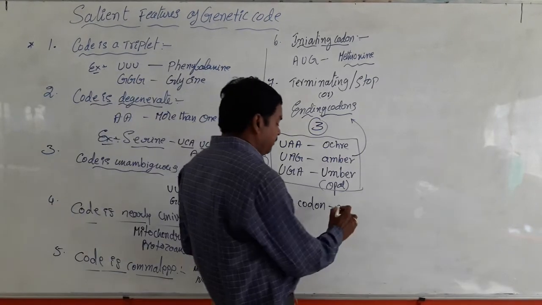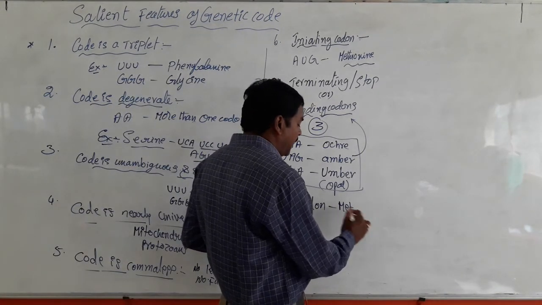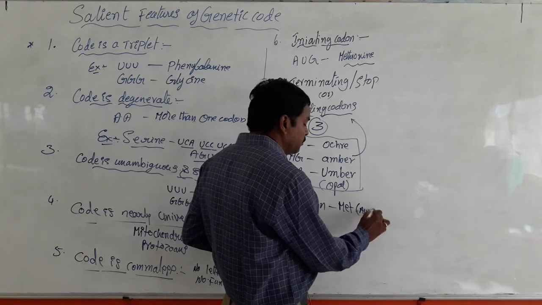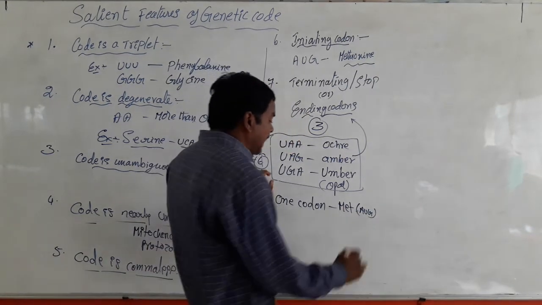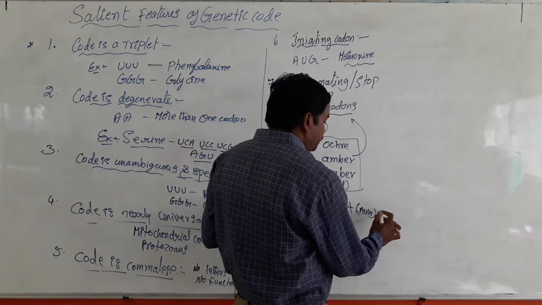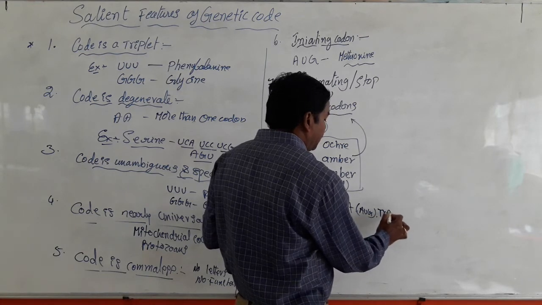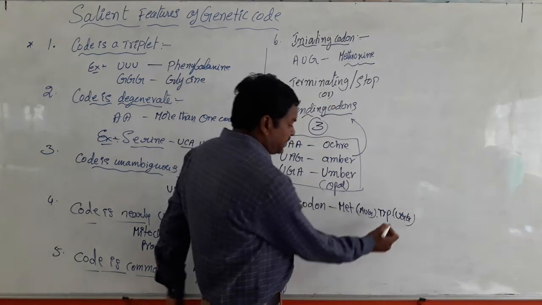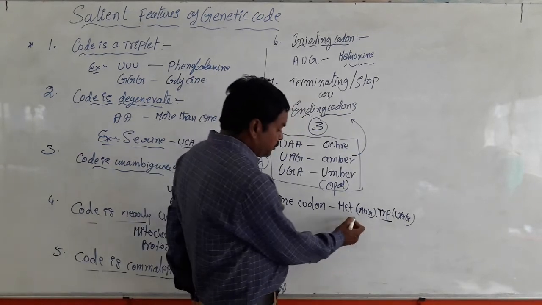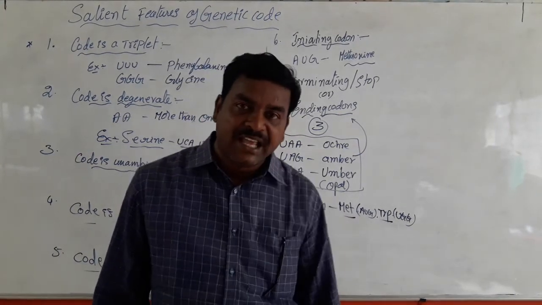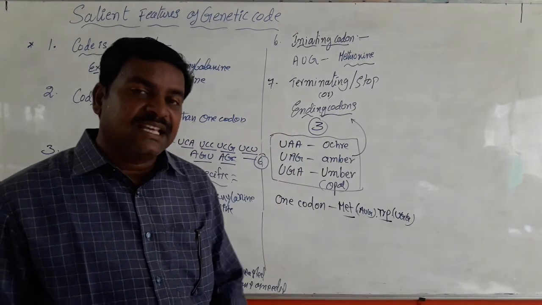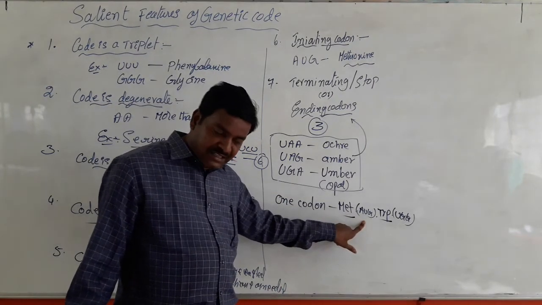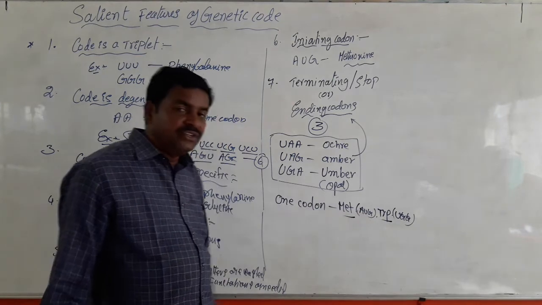For example, methionine is recognized by only one codon, the starting codon AUG. Similarly, another very important one, UGG, tryptophan, TRP. These two amino acids, tryptophan and methionine, have only one codon each. One is methionine by AUG, second is TRP by UGG.